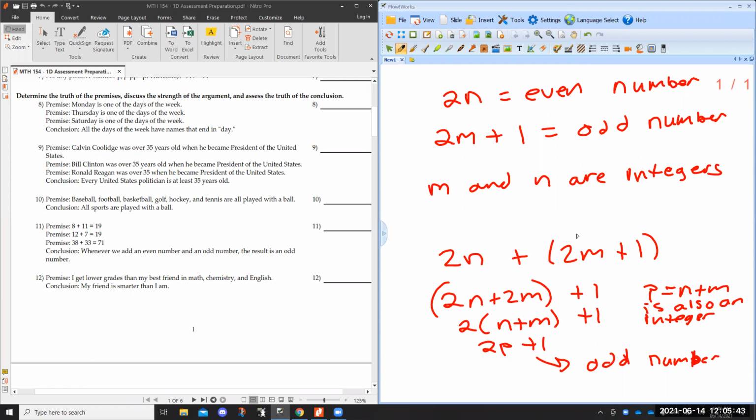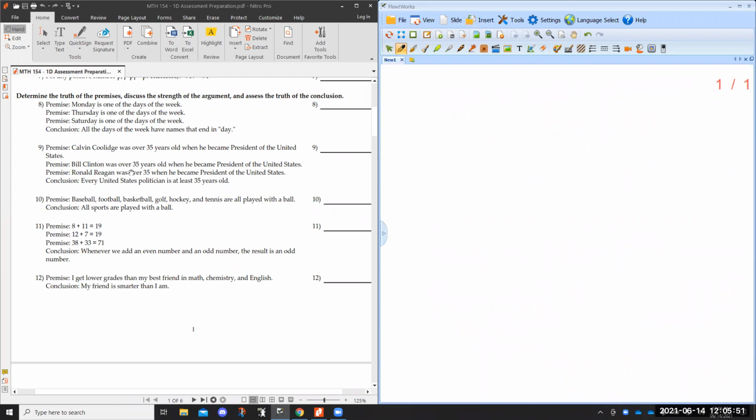You've known that for a long time. So there you go. There's the proof of it if you were interested in that. So the conclusion is true. The argument's not really that strong because we did not generalize the premises here.